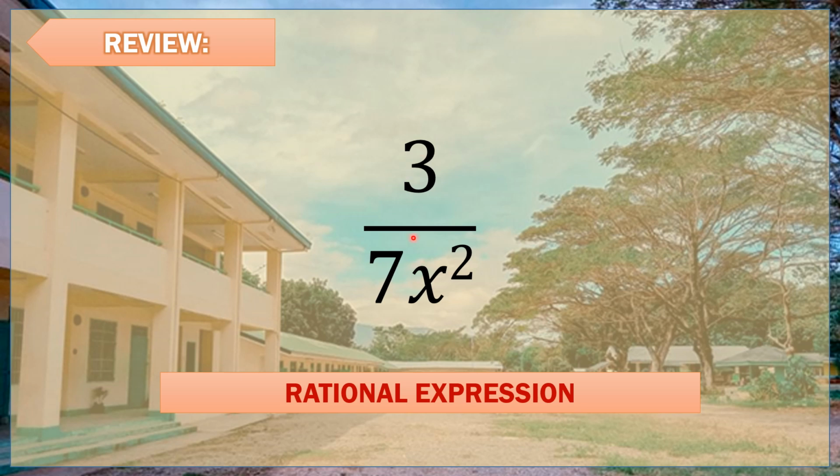Yes, as long as the numerator or the denominator has a variable, or both, it can be a rational expression. Even though our numerator is 3, a constant, it is still a polynomial, a monomial. And the denominator is also a monomial.